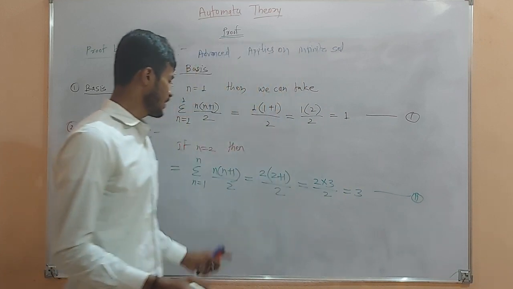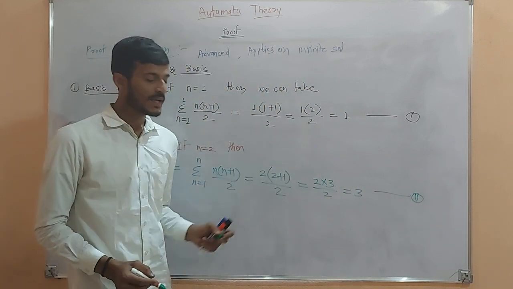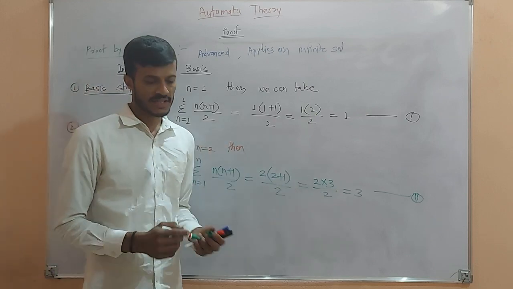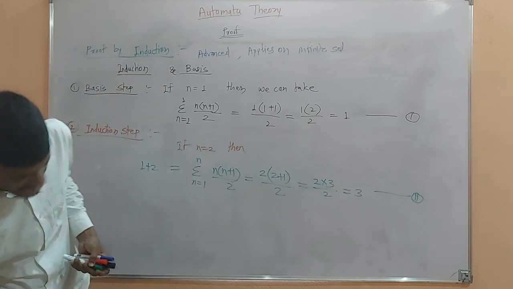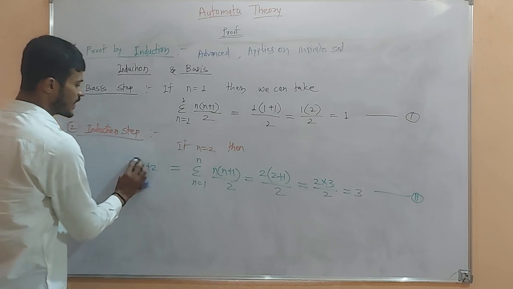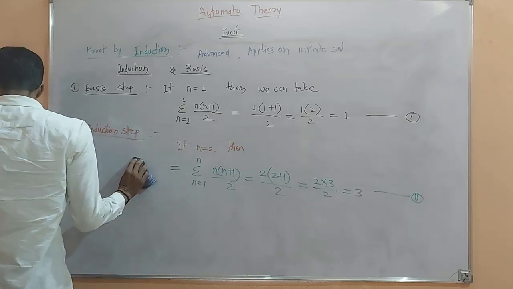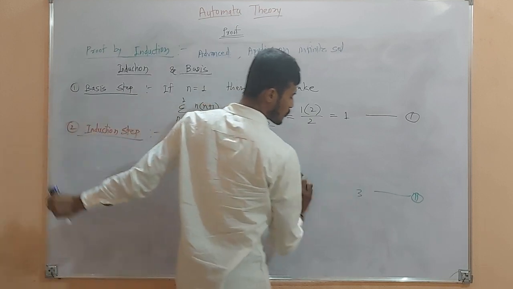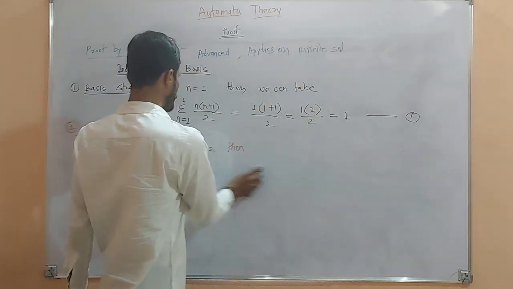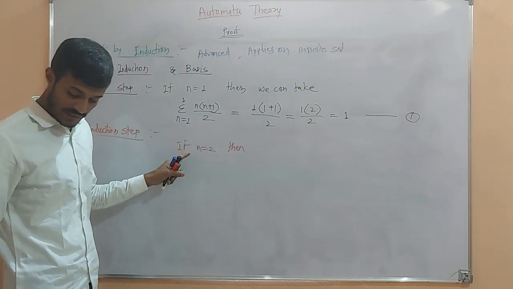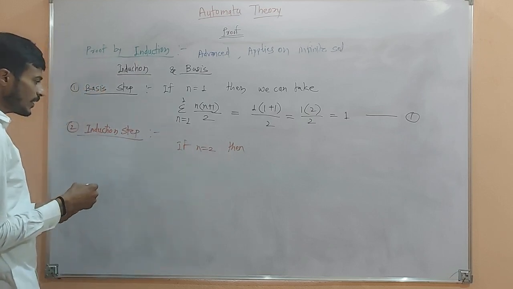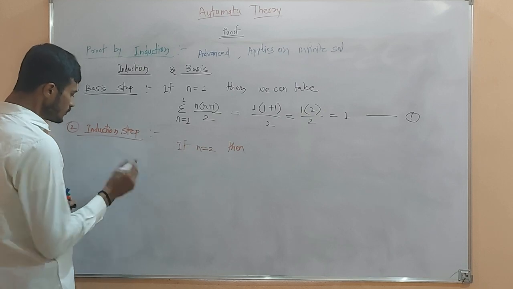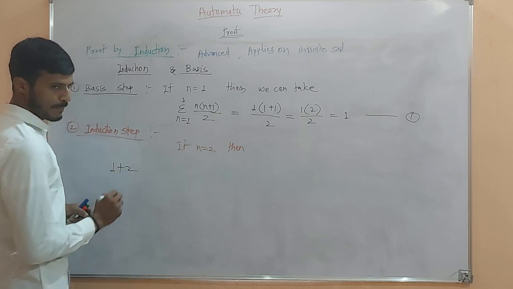But instead of taking this directly, we have to use this formula and we have to show that this one is correct. So how to do that? Let us see. In the case of the induction step, as I have taken here n is equal to 2, it means 1 plus 2.